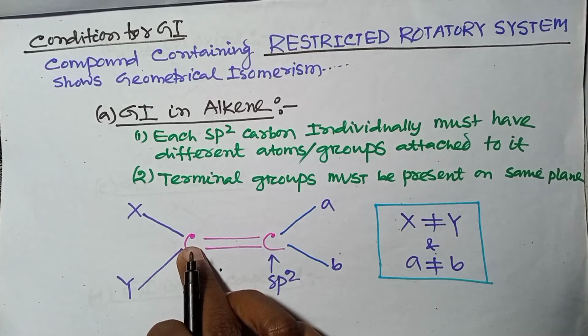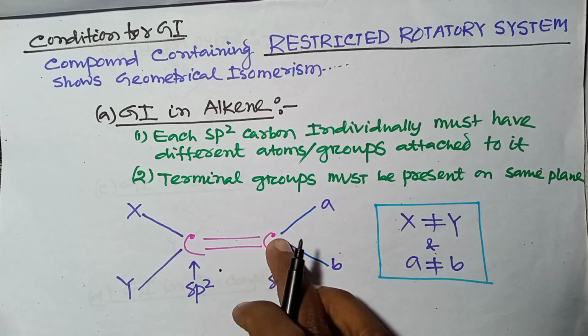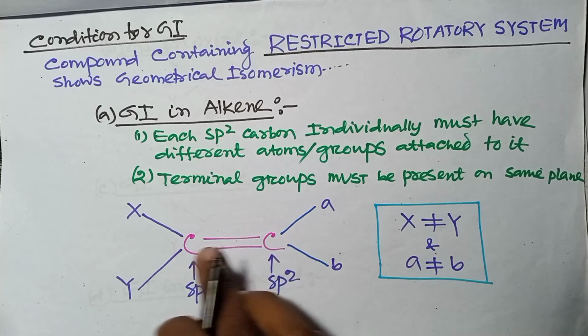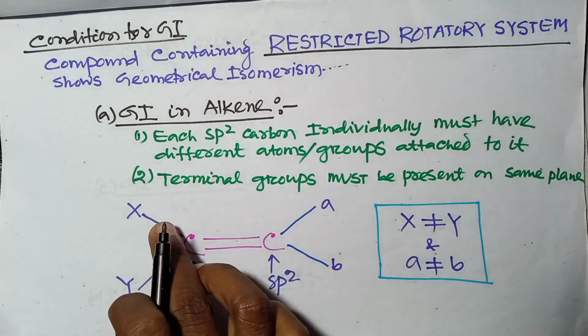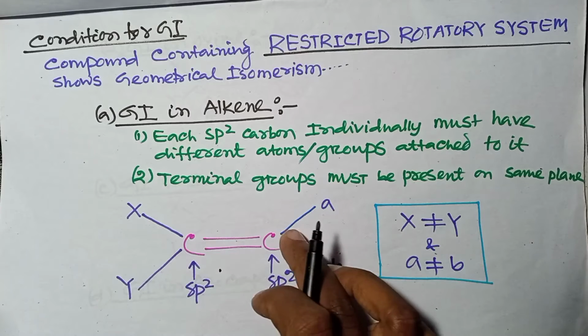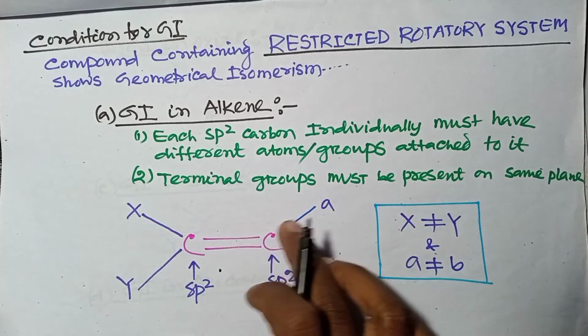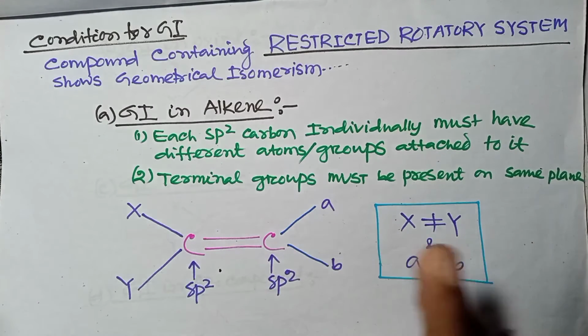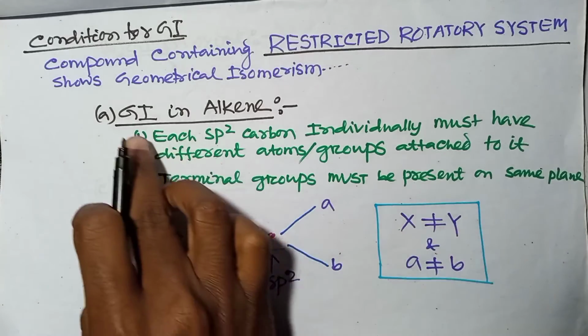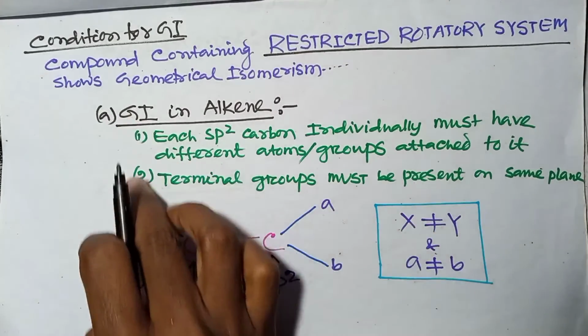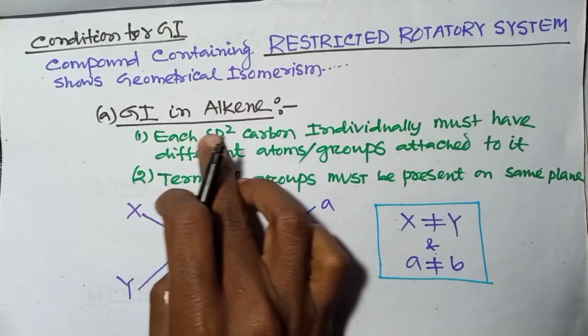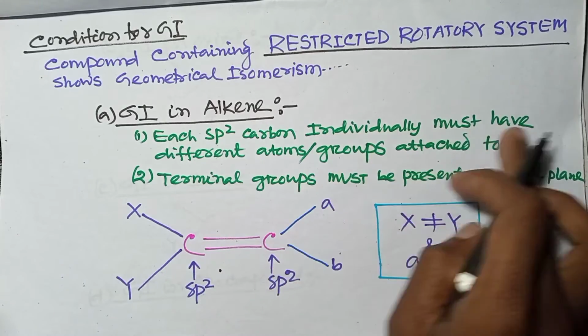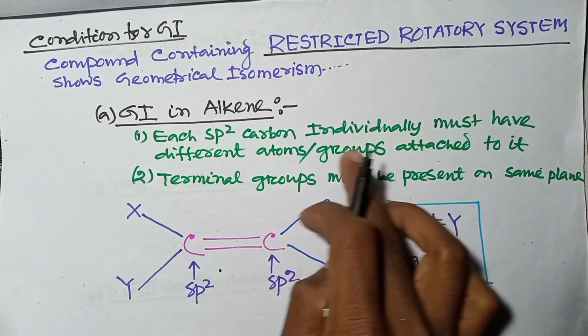This is an sp2 hybridized carbon, and this one is also an sp2 hybridized carbon atom. This carbon atom is attached with two groups X and Y, and this carbon is attached with two groups A and B. The condition says that each sp2 carbon individually must have different atoms or groups attached to it.